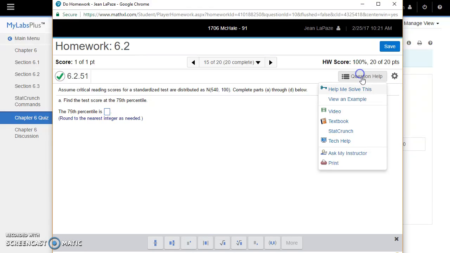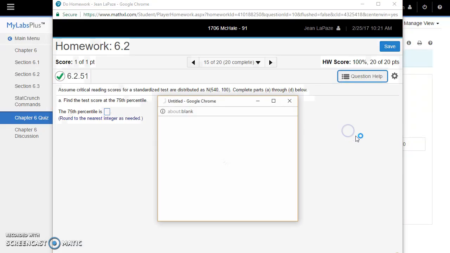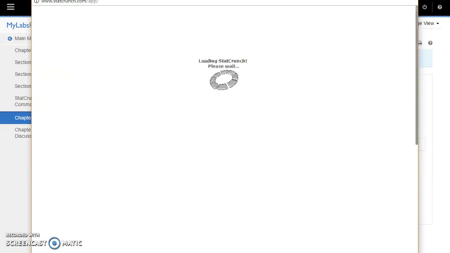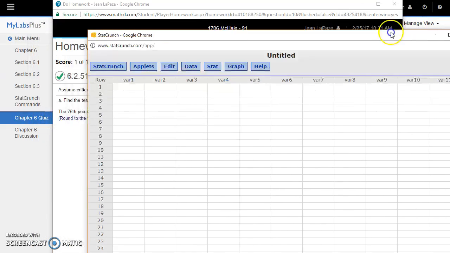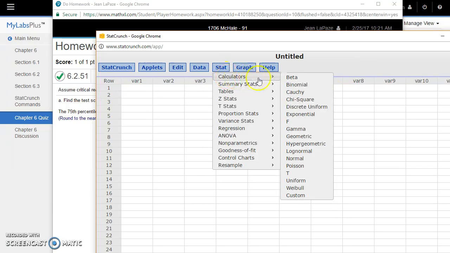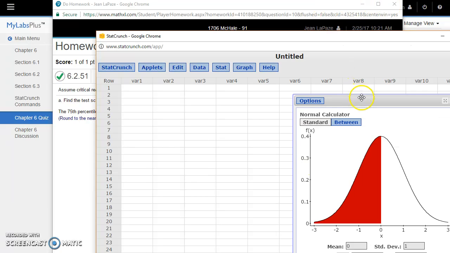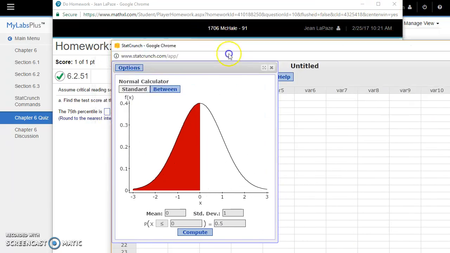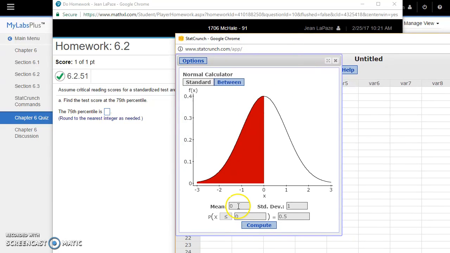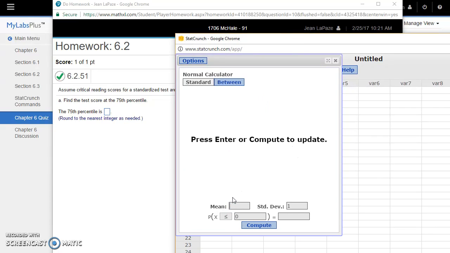So let's go ahead and go into StatCrunch. We'll be going into Stat, to Calculators, and to Normal distribution. We will use the information that we have: the mean of 540 and the standard deviation of 100.